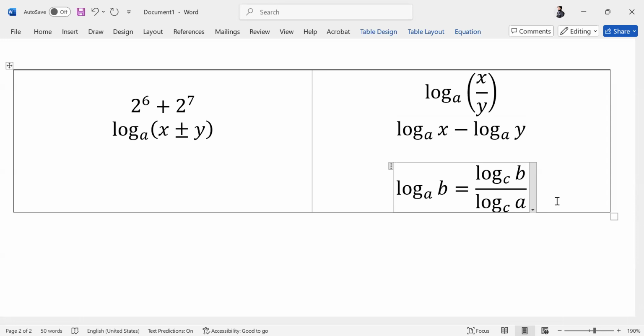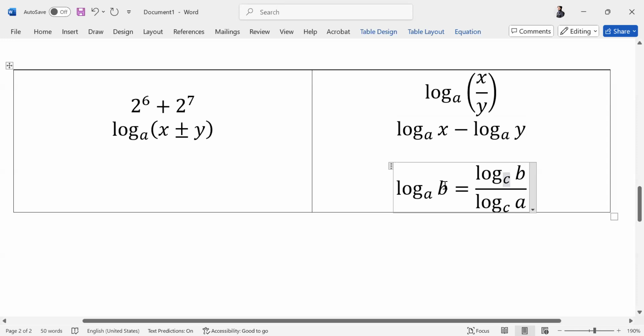हमने base अगर कुछ और लगा ली थी, and later on if we need to change it into any other base, it's very easy. If you're changing the base, your input becomes input of the numerator, and your base becomes input of the denominator. C is any other base.